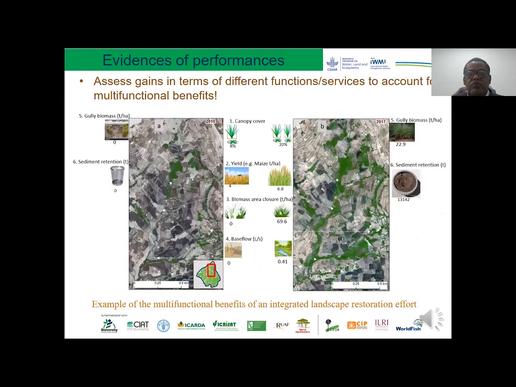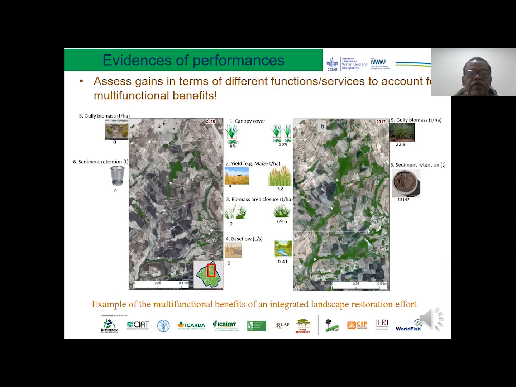Then, a common problem observed in Ethiopia, for example, is that impacts are analyzed considering only one parameter. It can be crop yield or biomass or soil erosion or water yield, but that can underestimate the real function of restoration, because we have to analyze the different ecosystem services that can be acquired through restoration.